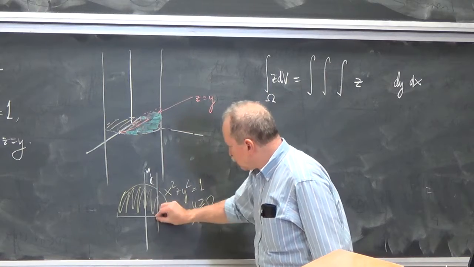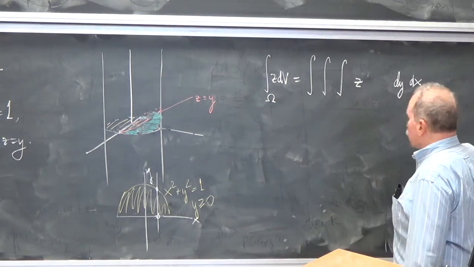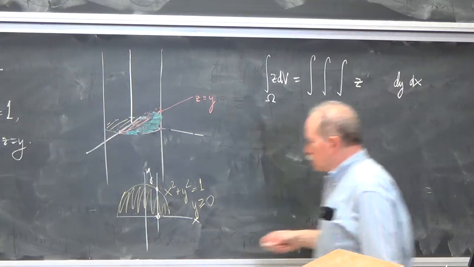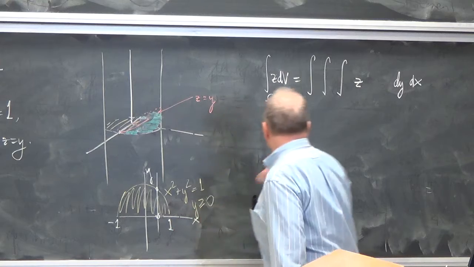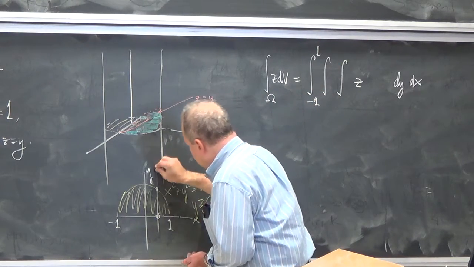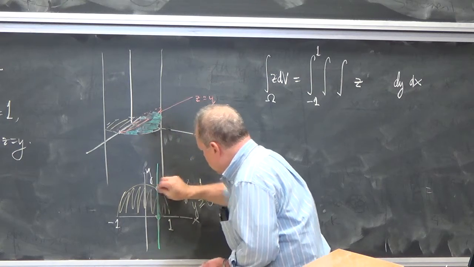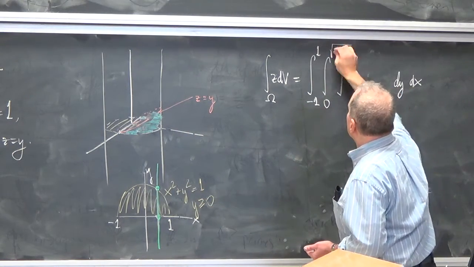Right, because if you slice this way, it's easy to do that. So we're going to first slice x and say x goes from what to what? From -1 to 1. And for each fixed x, what does y do? From 0 to the square root of 1 minus x squared.